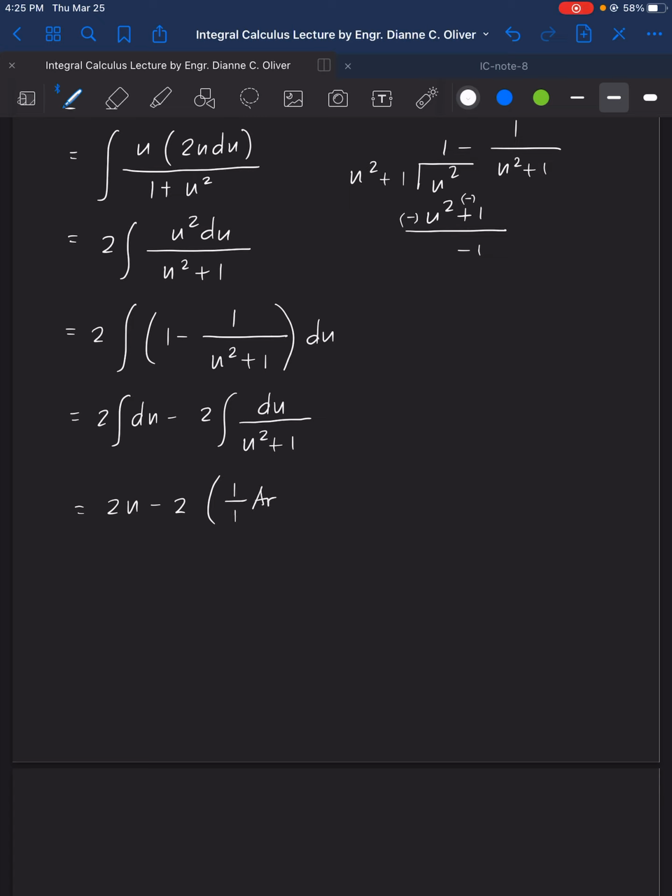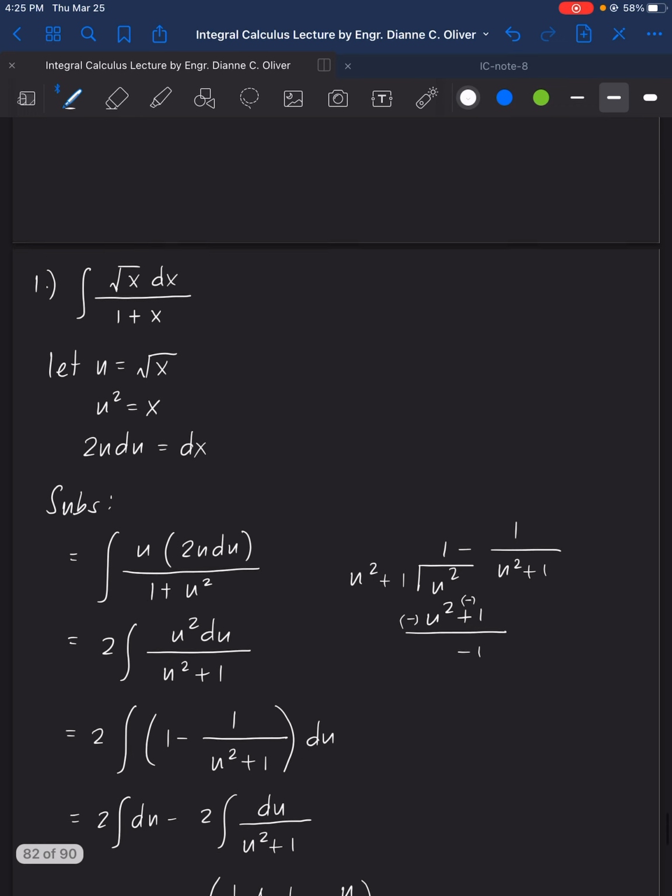If you watched the previous video, I have already discussed inverse trigonometric functions. So arctan of u over a, which is 1. Then plus c. So this is equal to 2u minus 2 arctan u plus c. Now this is not the final answer.